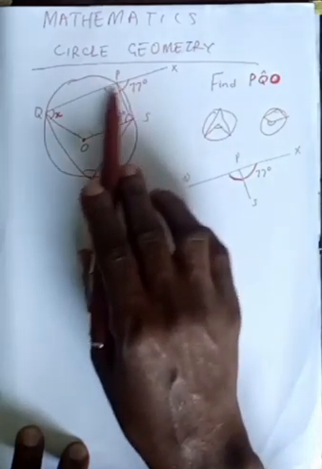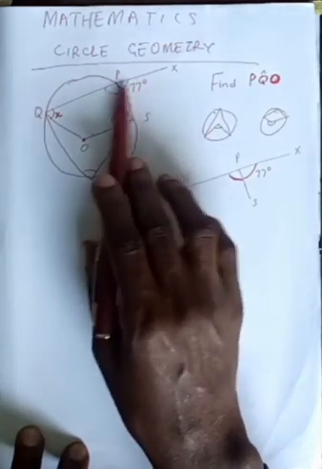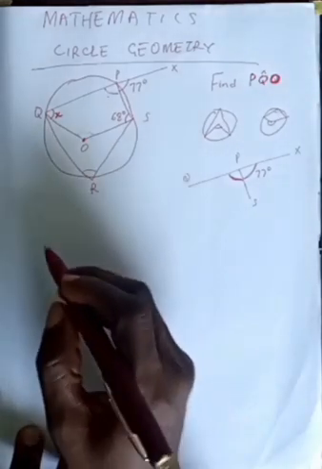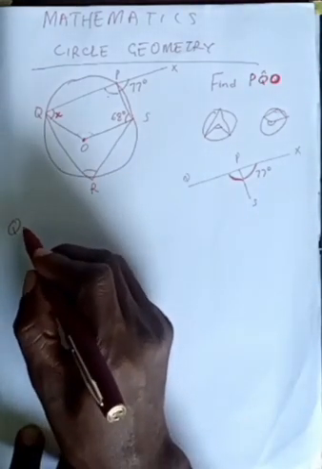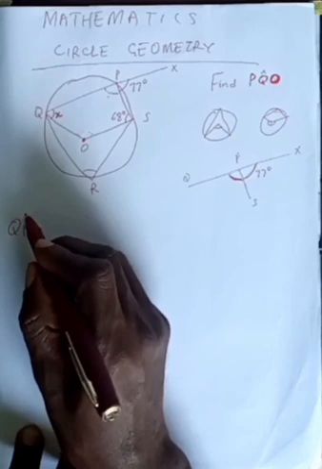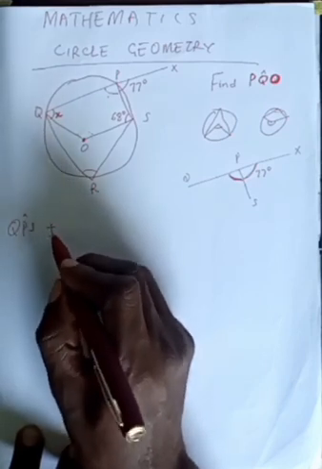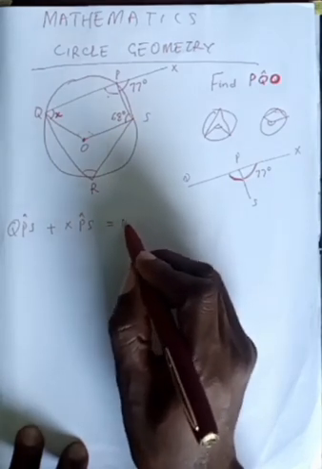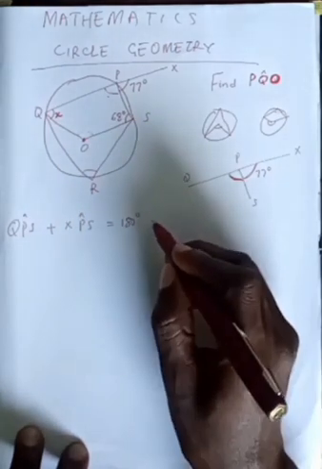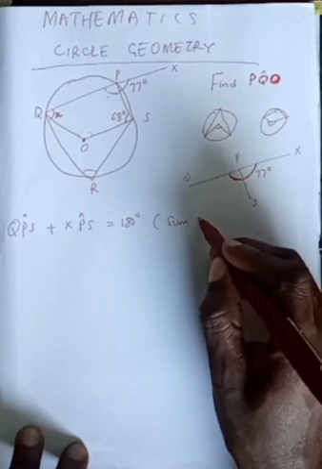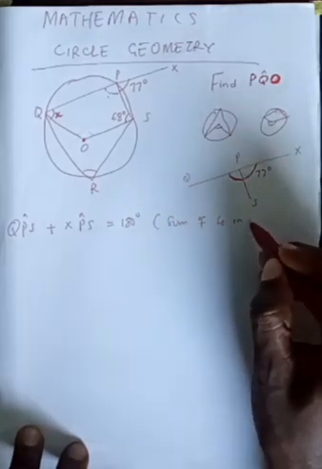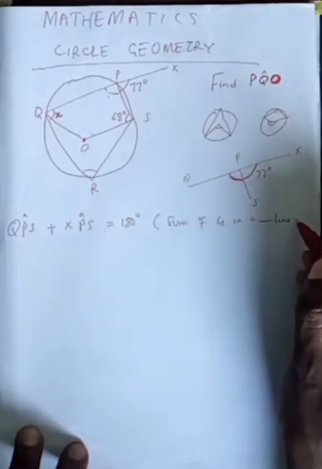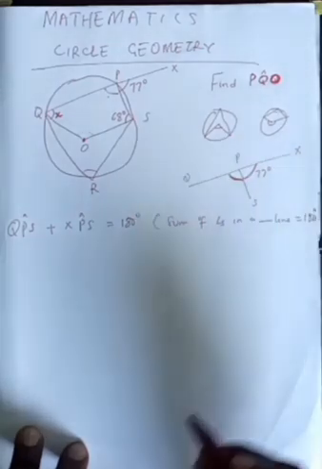So it now means that QPS plus XPS here is 180 degrees. Reason being: the sum of angles on a straight line is 180 degrees.